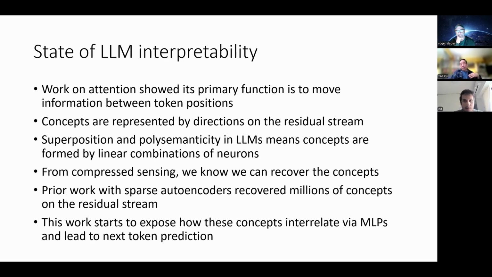Here we expect to have hundreds of millions, if not billions of concepts, and 4,096 just does not cut it. From compressed sensing, we know mathematically that there is the ability to recover these concepts. And since the LLM is being trained, if it's doing its own superposition, then simultaneously it can train its own compressed sensors to decode the information that it's putting into superposition.